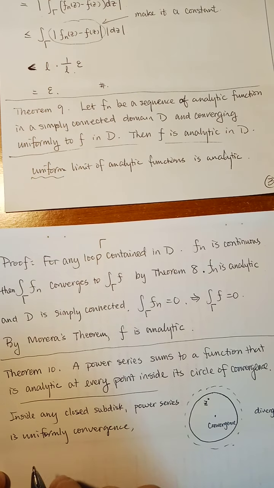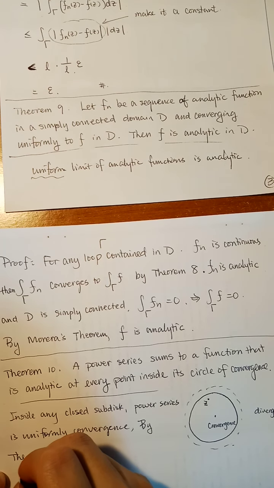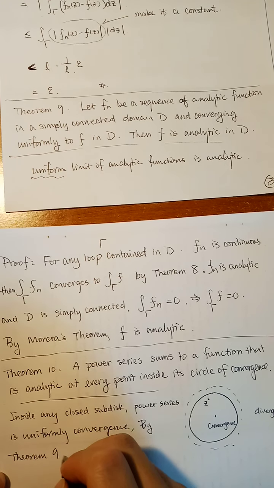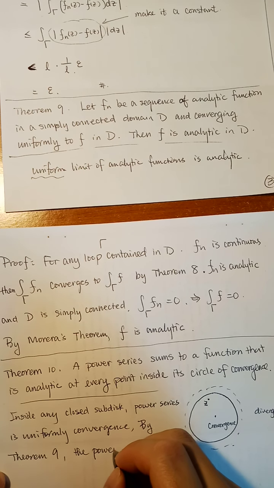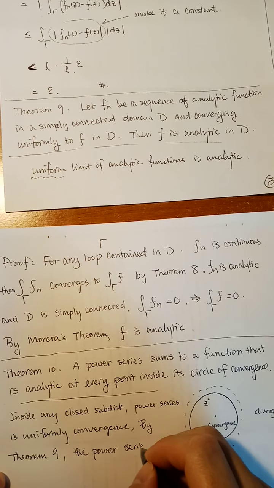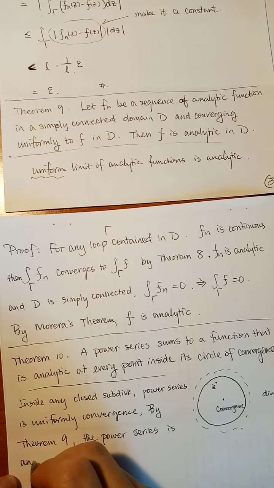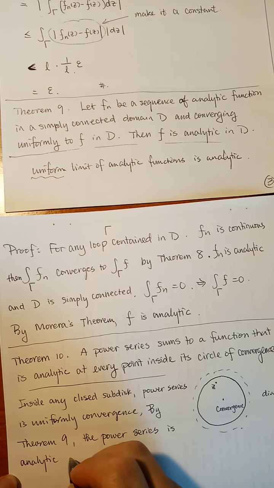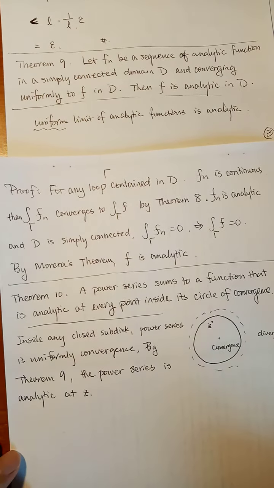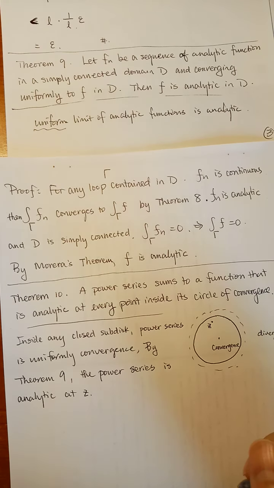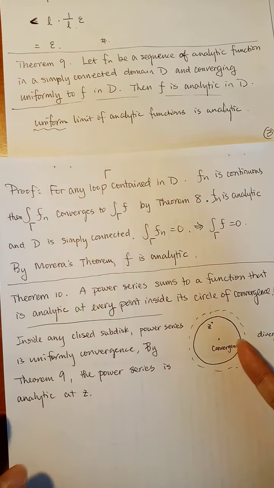But with this uniform convergence, by theorem 9, the power series is analytic at z. Theorem 9 just says that if you have uniform convergence of a sequence of analytic functions, the limit is analytic.